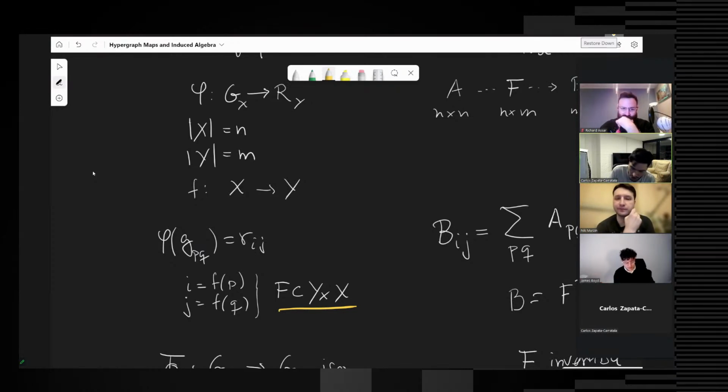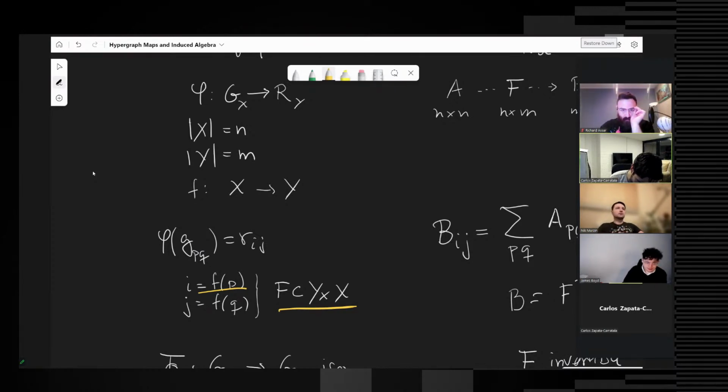I just call it F, right? And you say that the vertex I gets mapped by the vertex map of phi, which I call little f, sorry, I guess I should call it capital F, but whatever. You say this is true when you're actually mapping these two vertices, right?